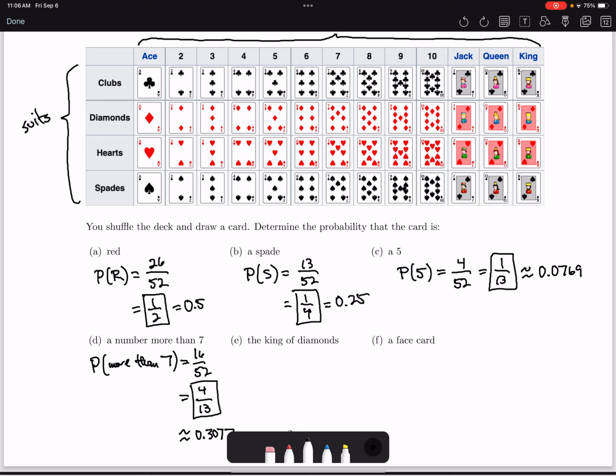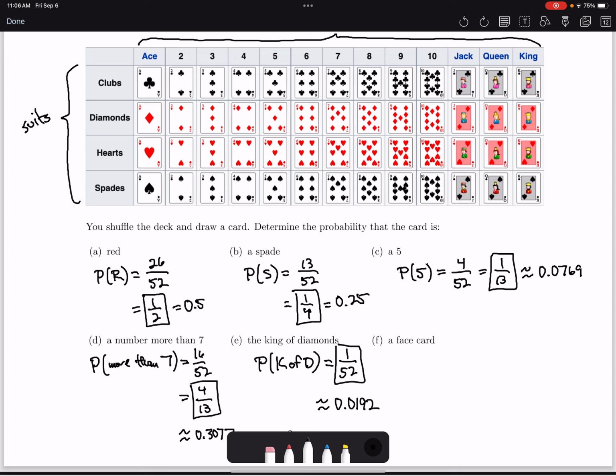So the probability that it's the King of Diamonds is 1 out of 52, and that does not reduce. 1 out of 52 is approximately 0.0192.